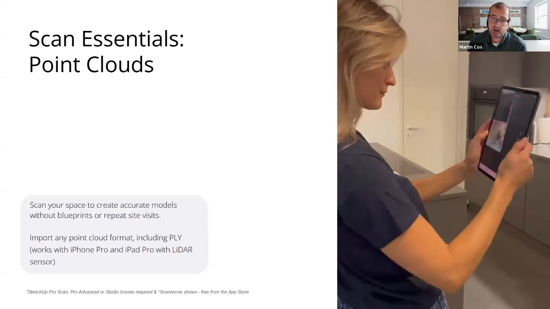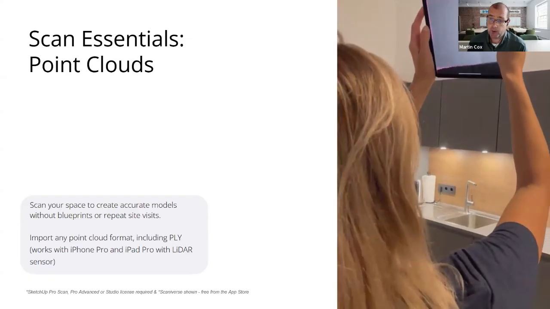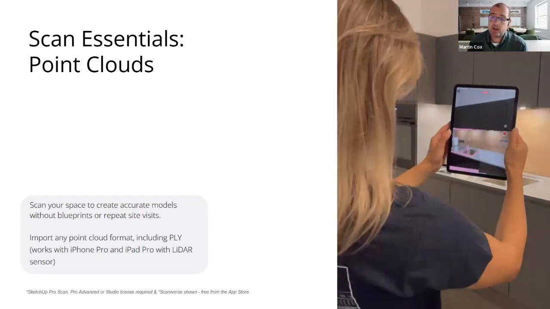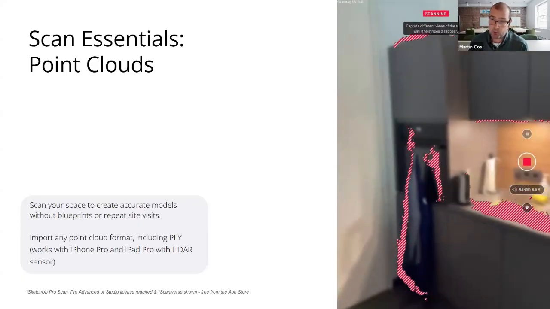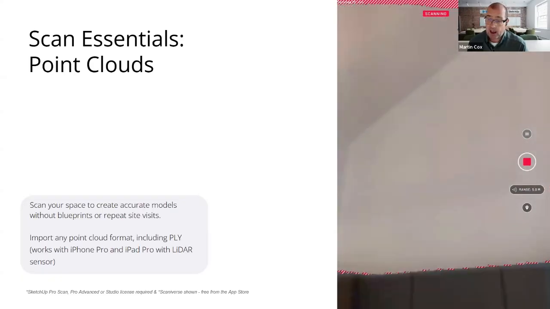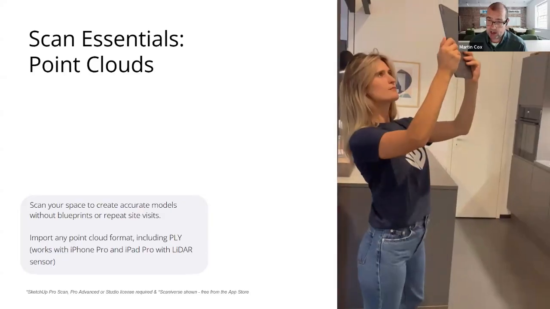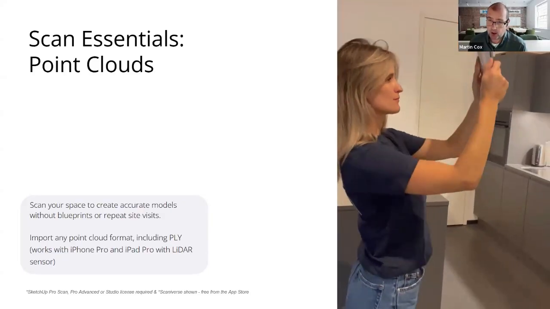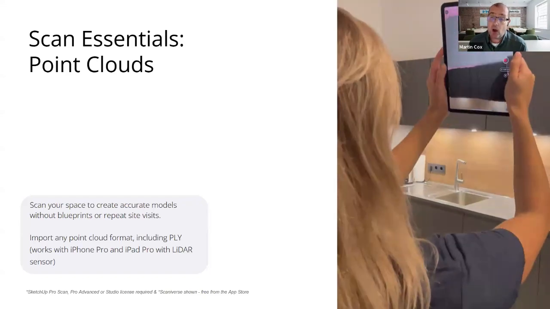Basically, it measures color and distance and can report it in a point cloud. A point cloud is a set of data points in space, which will be generated after this 3D laser scanning process. It means you get that 3D space into SketchUp in Scan Essentials, and you can use that point cloud as your model.